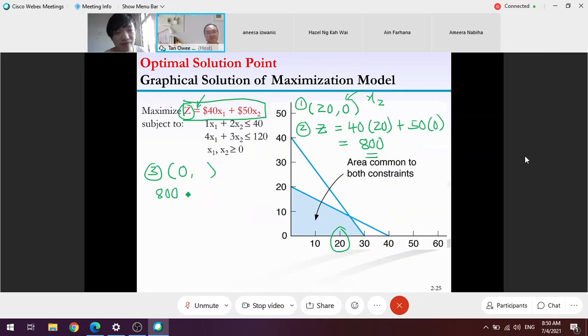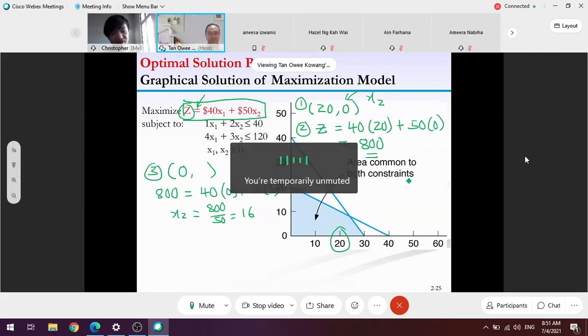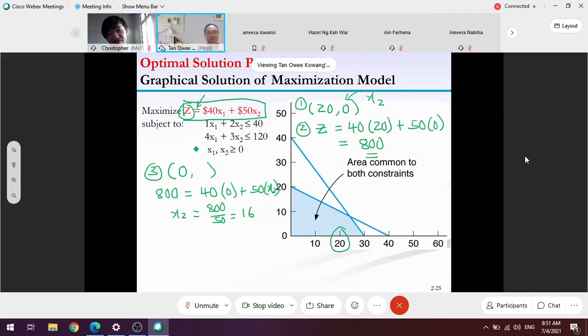So 800 equal to 40 times x1, with x1 equal to 0 now, plus 50 times x2. So x2 is equal to 800 divided by 50, which is equal to 16. Okay, so 16.